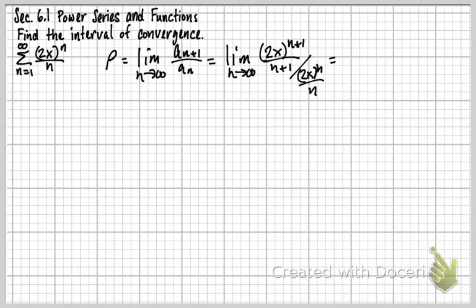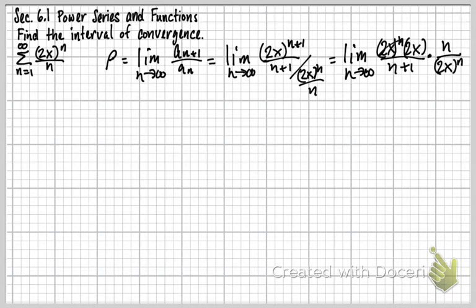Now, what we're going to do is flip that bottom, and I'm going to write it in a different way as well. So hopefully you're okay with that. So this (2x)^(n+1) is really (2x)^n times 2x, and then n plus 1 on the bottom, times, on the top, n over (2x)^n.